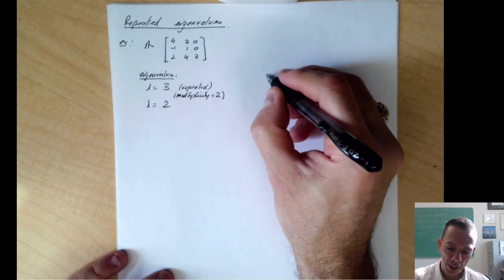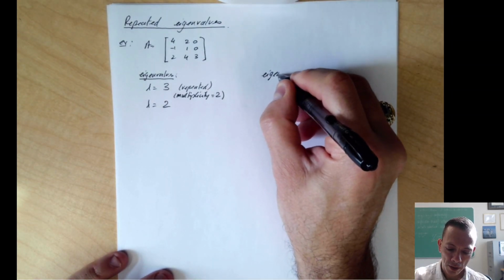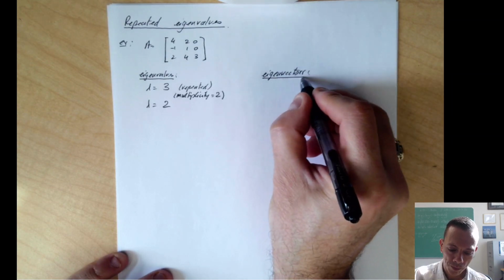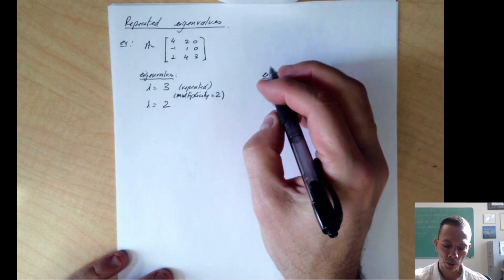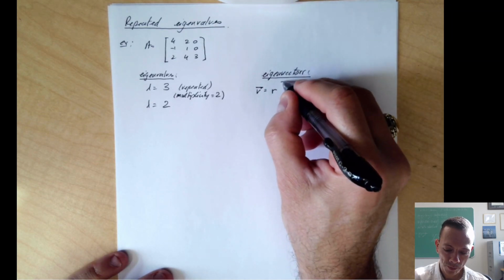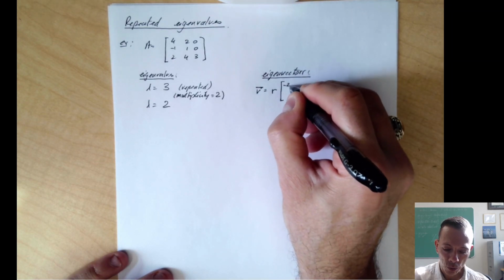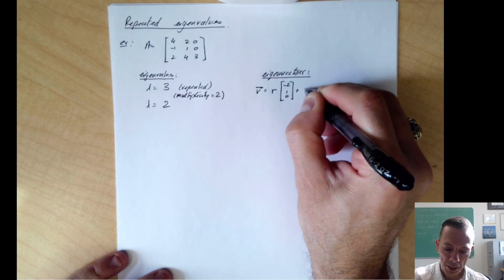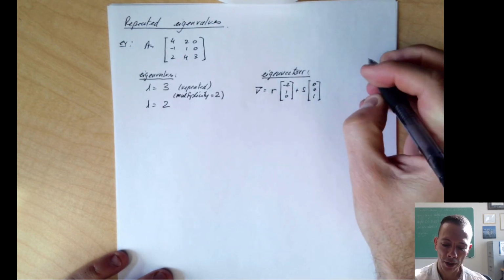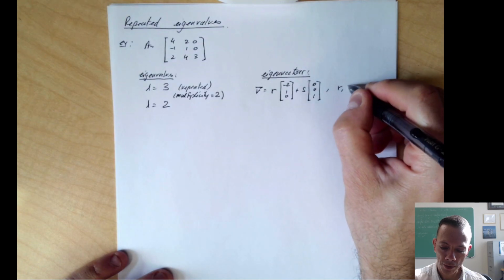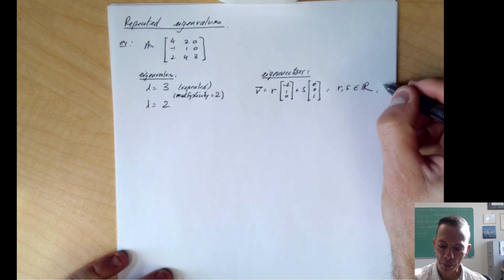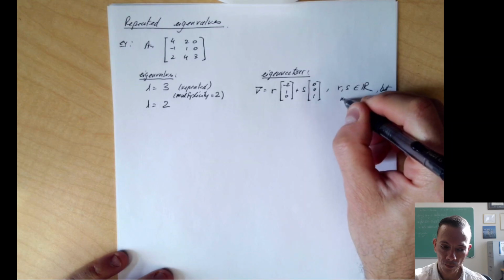So the corresponding eigenvectors for lambda equals 3, we found that V equals R times negative 2, 1, 0 plus S times 0, 0, 1, where R and S are free variables. So they're real numbers, but not both 0.